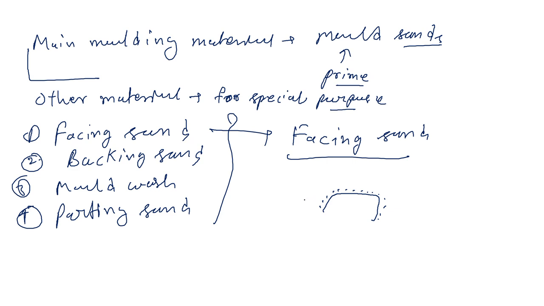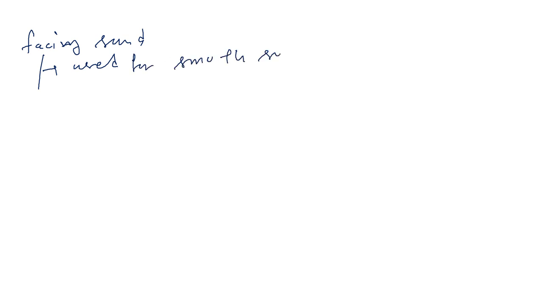On the pattern we sprinkle this sand for getting a good, cleaner and smoother surface finish. We can discuss the characteristics of these sands. It is used for a smooth surface finish on casting.